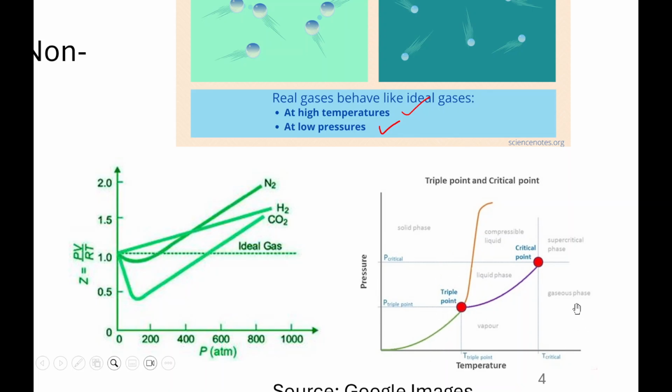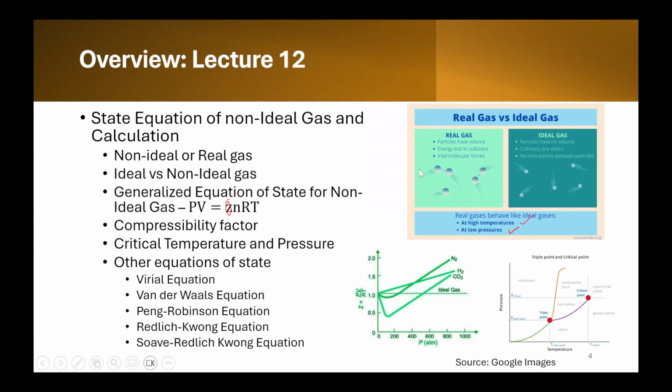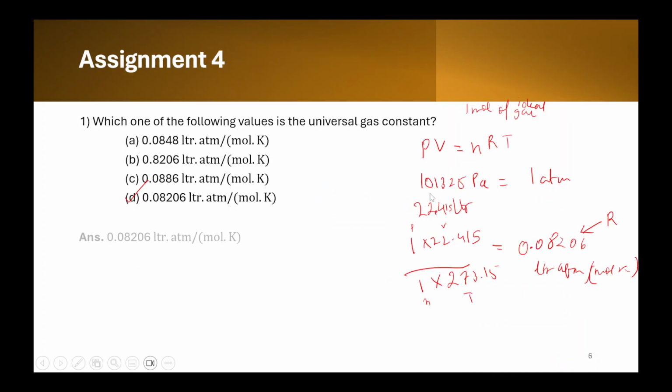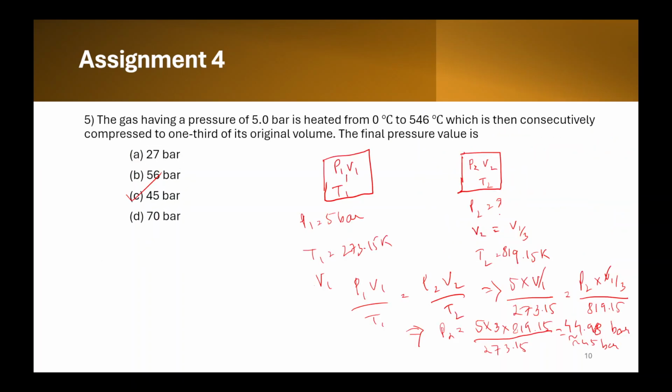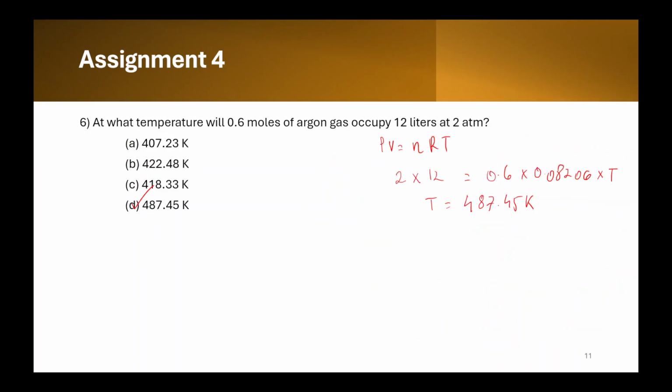But beyond the critical temperature, there is no relation between the gas and solid phase, because this is the supercritical phase. So beyond the critical temperature, a gas cannot be liquefied. Do you get it? Even if you increase the pressure, it will not liquefy.